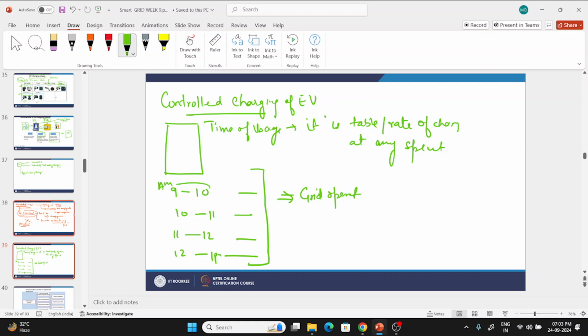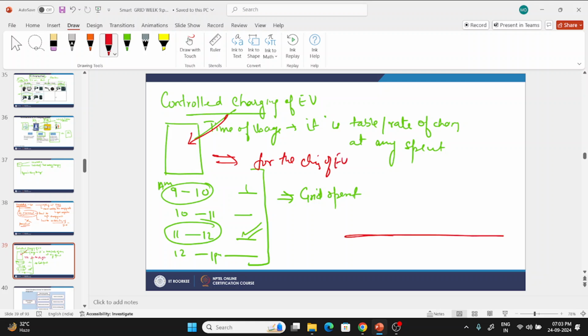If the congestion is less, the charging rate will be less. If the congestion or the demand in the network is high, the charging rate will be high. So in controlled charging, the EV user sees those rates and makes a decision based on them for charging the EV.